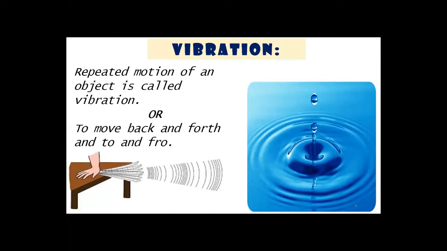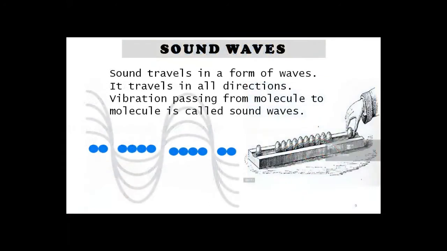Okay, my dear students, vibration produces sound waves. As you have studied, sound is a form of energy. It is produced by vibration and travels in waves in all directions. Vibration passing from molecule to molecule is called sound waves. So what is the definition of sound waves?